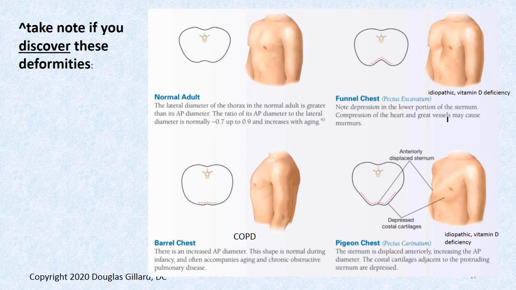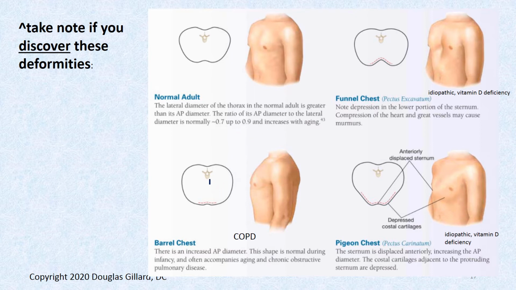You probably had these before, but make sure you know these if I whip them on the test here. People with COPD tend to have a barrel chest. Normally, the lateral diameter is greater, and the A to P diameter is shorter. So the ratio of A to P diameter to the lateral diameter is about 0.8 on average.